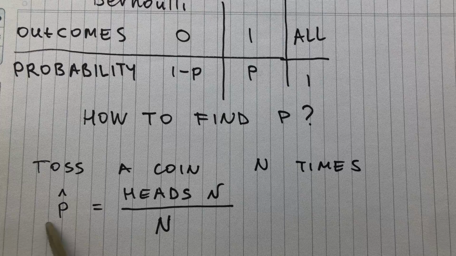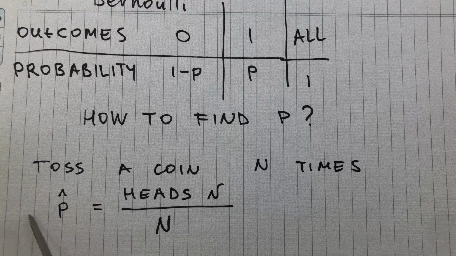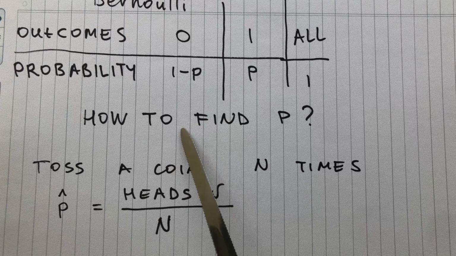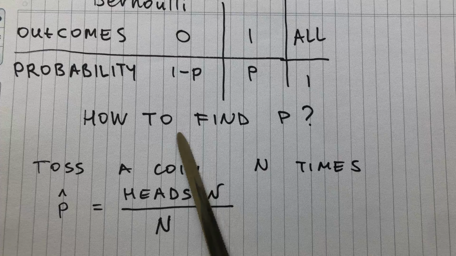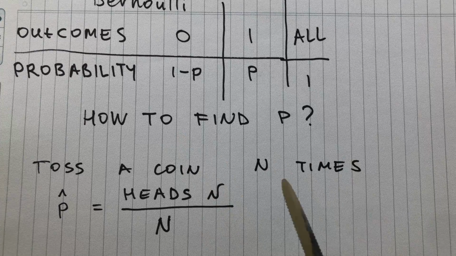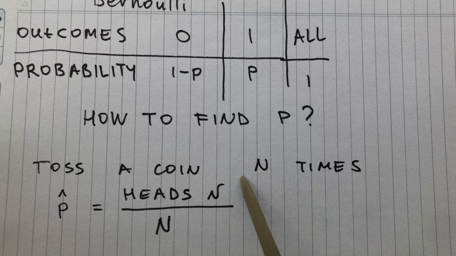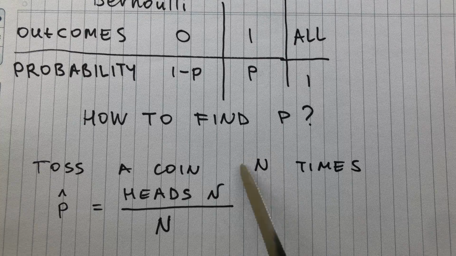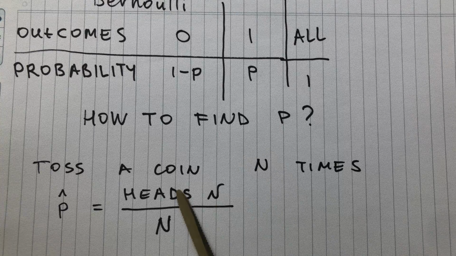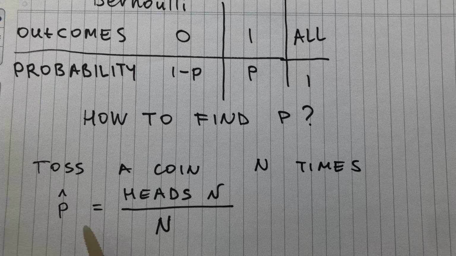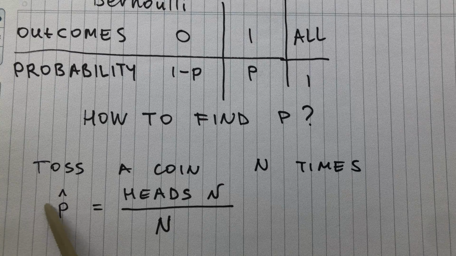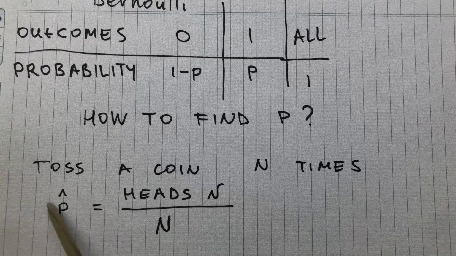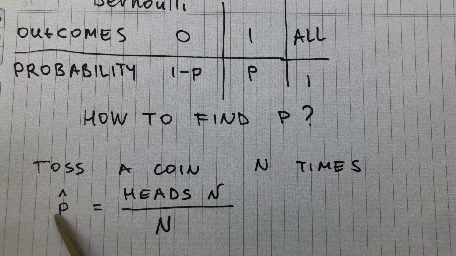If it wasn't a coin but some natural, economic, or social phenomenon, the idea would be to observe that phenomenon n times, observe how many times you got the desired outcome, and then divide it by n. Maybe that will be a reasonable estimate of the probability.